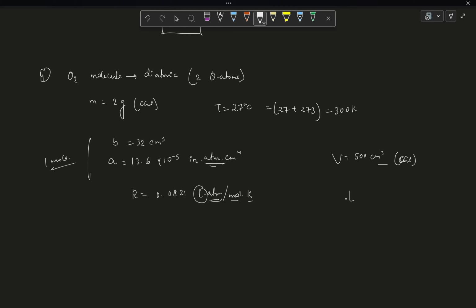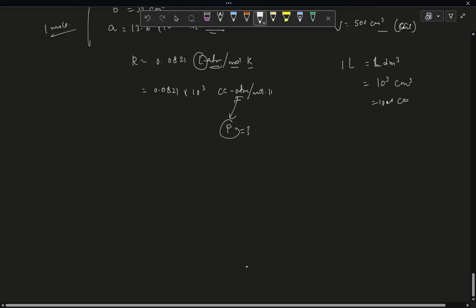You know that 1 liter is equal to 1 decimeter cube, which is nothing but 10 cube, because 1 decimeter equals 10 centimeters. So 1 decimeter cube is 10 cube centimeter cube or 1000 cc. So this is just 0.0821 into 10 to the power 3 cc atmosphere per mole Kelvin. So the pressure is given in terms of atmosphere, which is what we need to calculate.